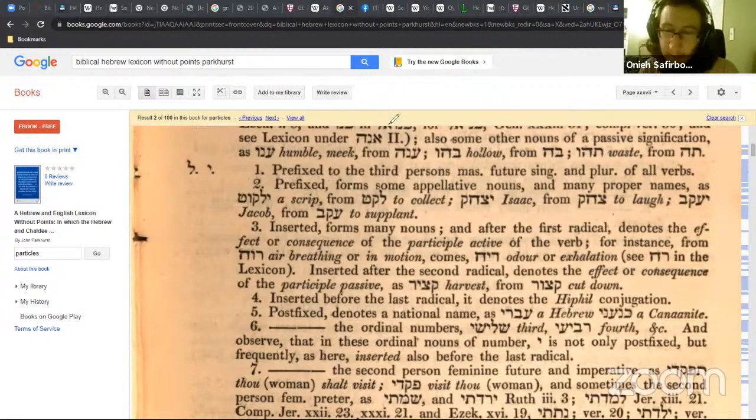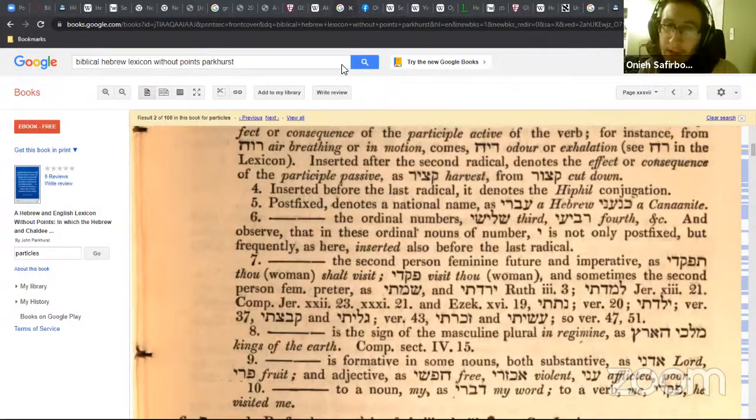And yod is also used to signify the second person feminine imperfect and the imperative.